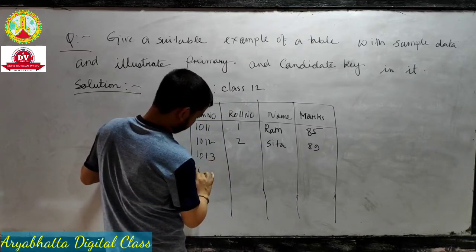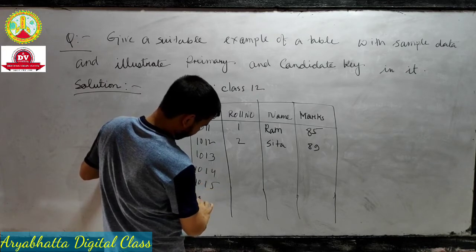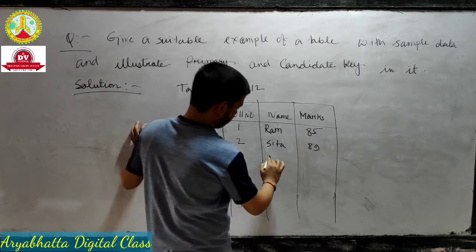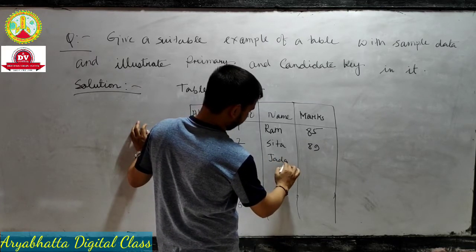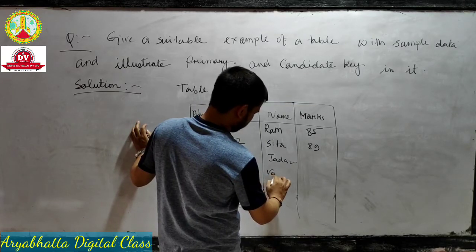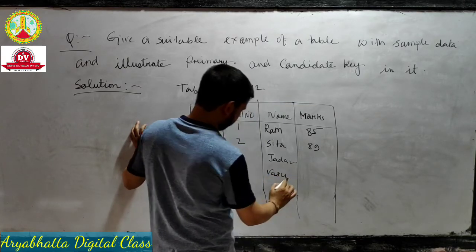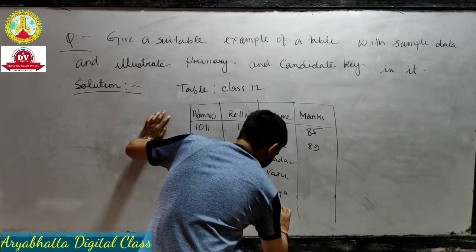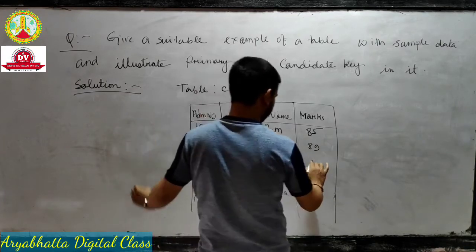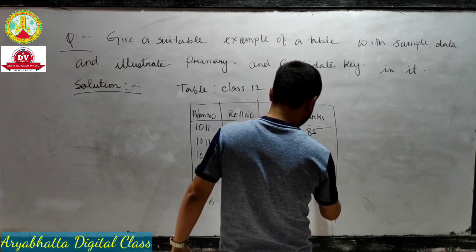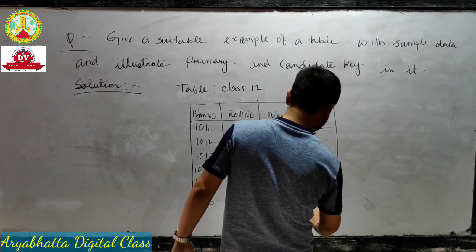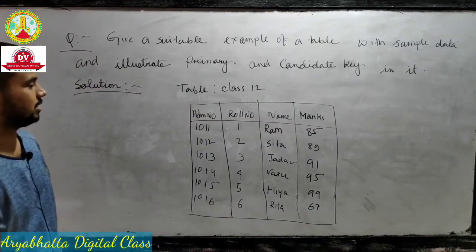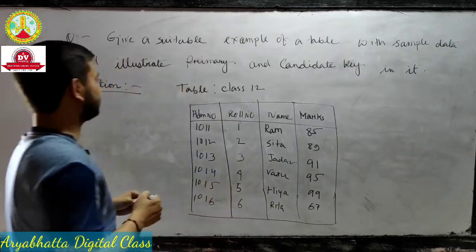Then roll numbers 3, 4, 5, 6, and suppose Jadav, Basu, Pia, and Rita. Okay. Marks 91, 95, 99, and 67. Like that. We can just take some sample data. Okay. With sample data means any data. So we create a table.